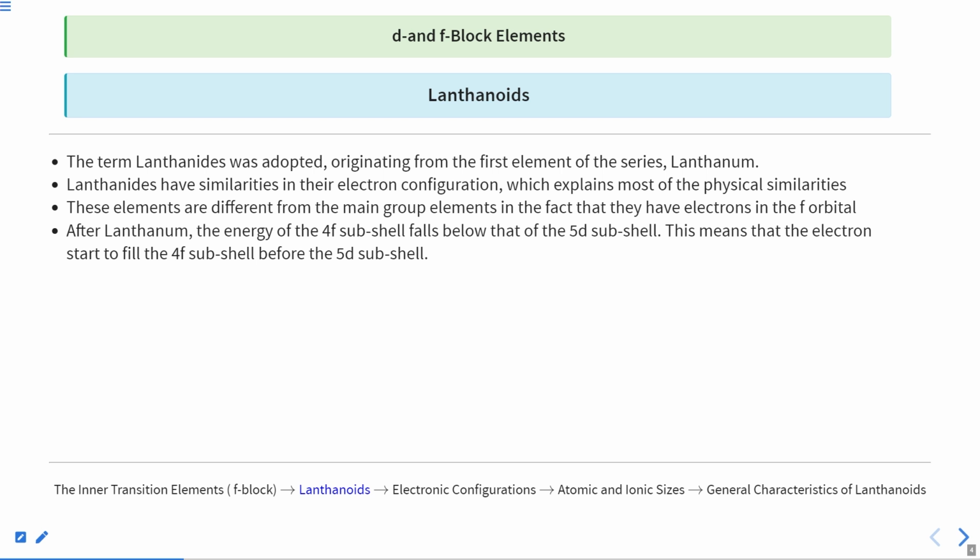So for 4f, 4 plus 3 is 7, and for 5d, 5 plus 2 is also 7. But since 4f has a smaller principal quantum number, it will have lower energy. So according to this principle, we fill the 4f orbital first. Clear?